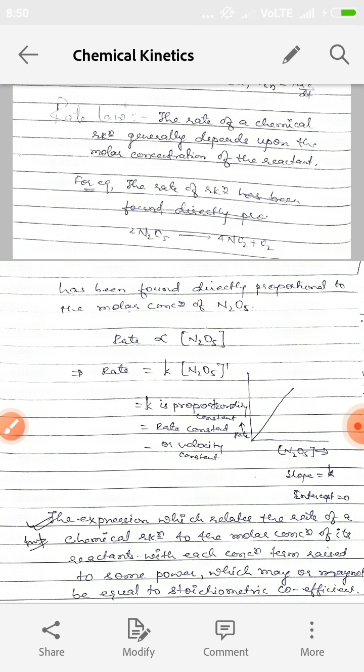Rate is directly proportional to N2O5. Now when the proportionality sign is removed, one constant is introduced. Here small k is the proportionality constant. Rate equals k times N2O5 concentration. Here k is the proportionality constant, the rate constant, or we can say the velocity constant.